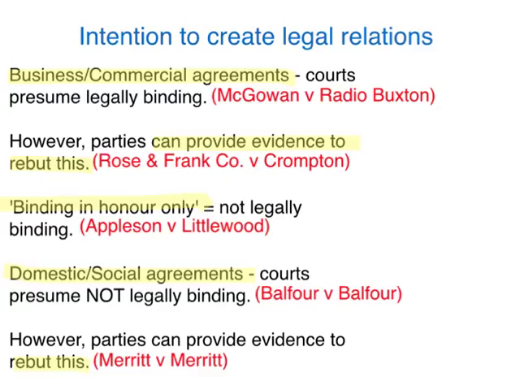The husband and wife agreed that the husband would pay some income to the wife so that they could pay the mortgage on their former home. Of course, when he refused to pay some or all of that money, she took him to court, and the courts saw an intention to create legal relations, and it was a legally binding agreement in that case.